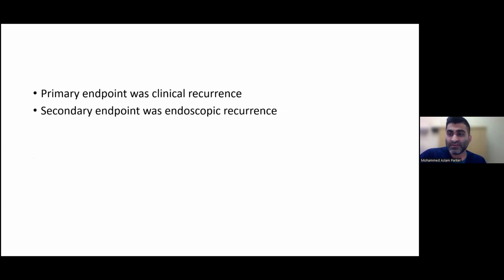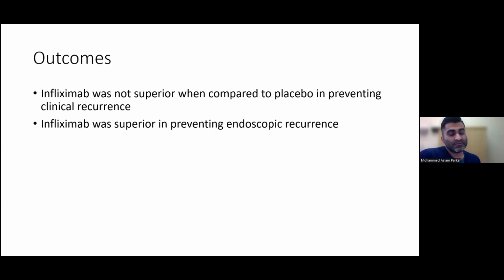And then endoscopic recurrence was defined as a Rutgeerts score of more than i2 or development of a new or redraining fistula or abscess before or at 76 weeks. So in terms of the findings of the study, infliximab was not superior when compared to placebo in preventing clinical recurrence. However, infliximab was superior in preventing endoscopic recurrence.